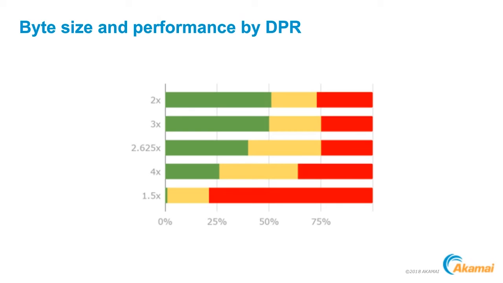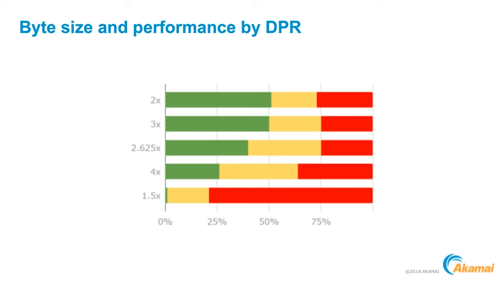As we can see from this graph, the top two lines, the 2x and 3x displays, the performance there is pretty good. They get 50% of their users experiencing this good performance under 3 seconds. However, if we go down a little bit, we see these 4x devices hiding down there, where only about 25% of users get a good experience.